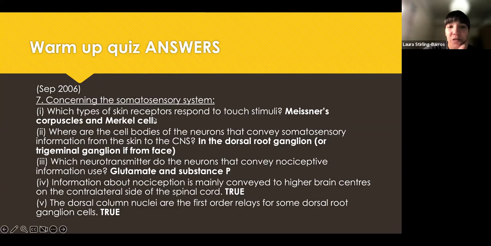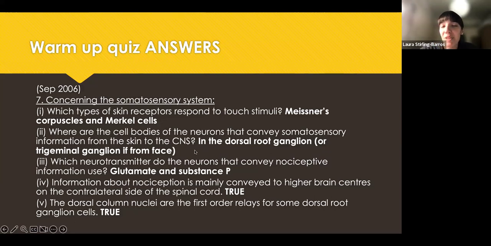Which type of skin receptors respond to touch stimuli? We said Meissner's corpuscles and Merkel cells, because they're on the surface of the skin. Then, where are the cell bodies of the neurons that convey somatosensory information from the skin to the CNS? We said it's the dorsal root ganglia.